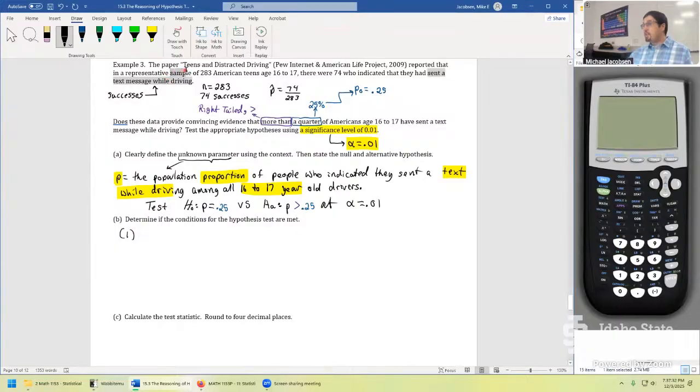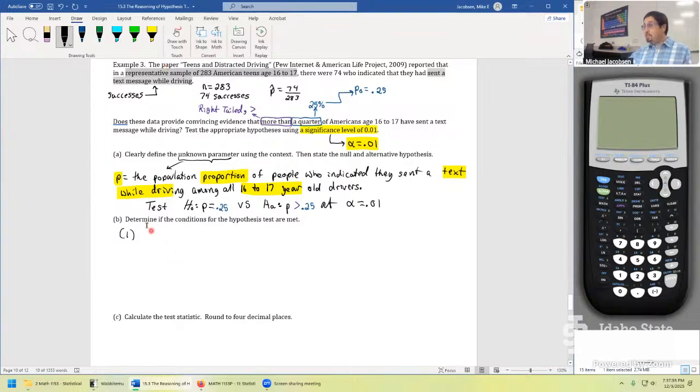Say, go to where it talks about the sample. We had a sample size of 283 drivers in that age range, and we're just told it's representative of American teens. We're assuming that they're a driver, age 16 to 17 in the United States of America. So that's pretty vague.